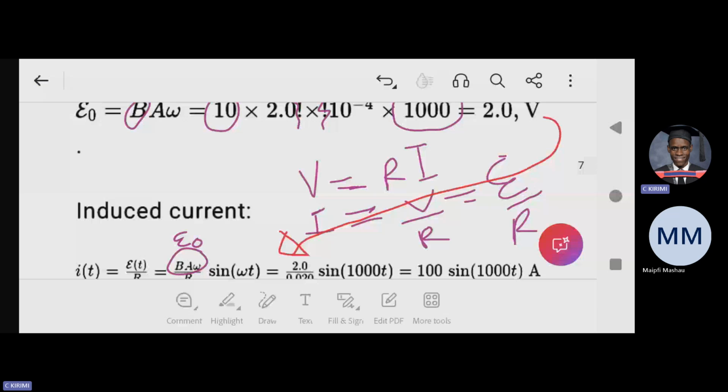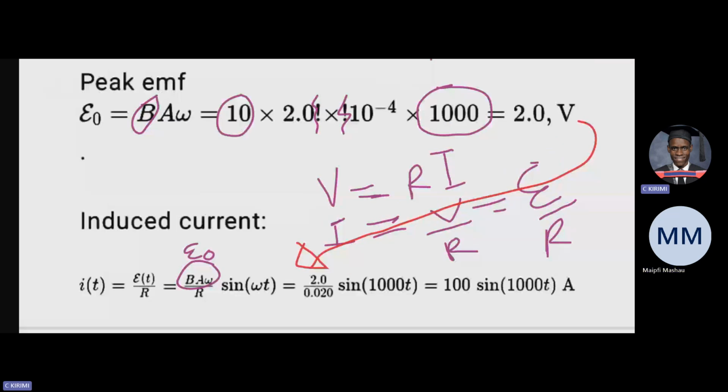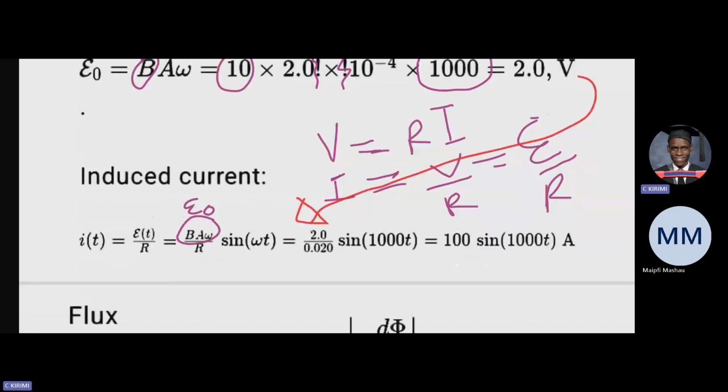Resistance was 20 milliohms. 20 milliohms is just 0.02 ohms. Sine omega t is sine of omega t, where omega was 1000 radians per second multiplied by t. So the units are amperes. That's why there's an A there.